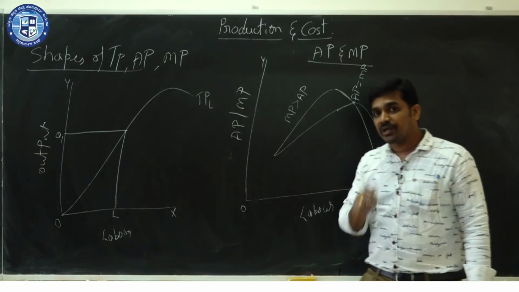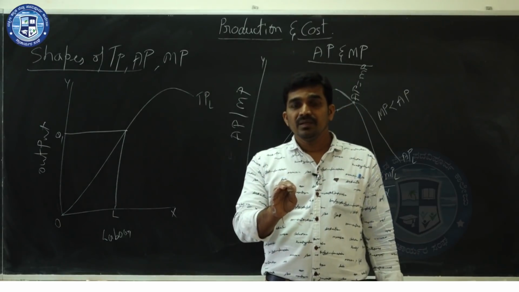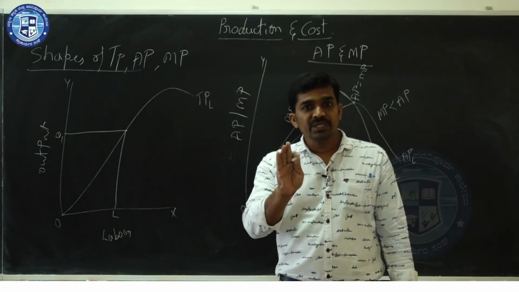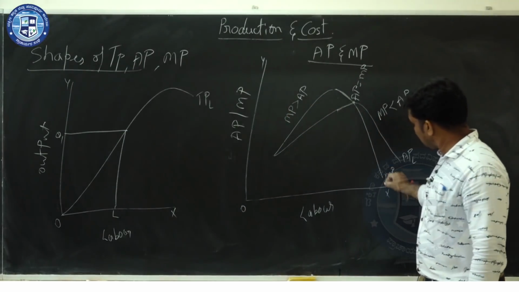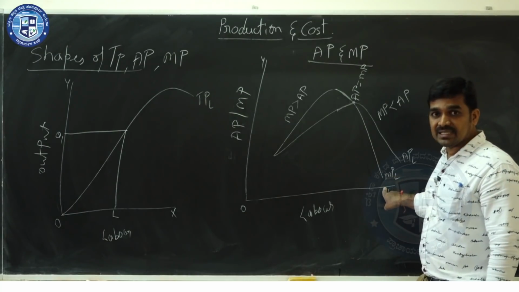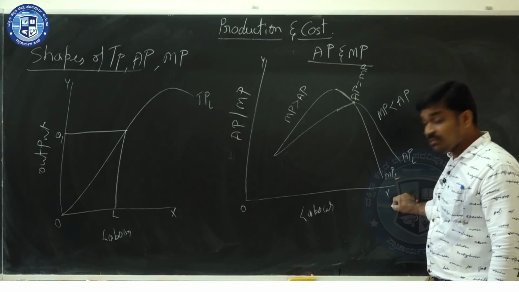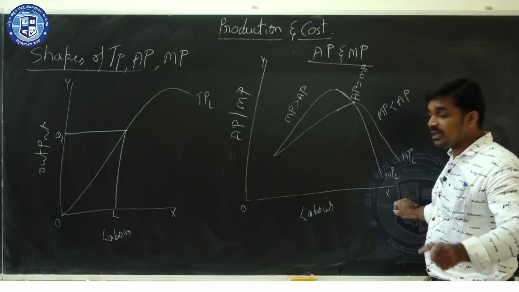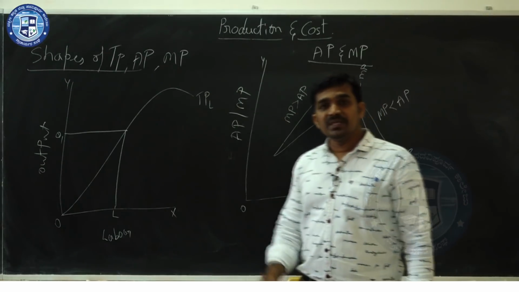And one important point is here, MP value is positive, 0 and negative. After it intersects the x-axis, if the MP curve cuts the x-axis, here the value of MP is 0. After that MP becomes negative. But AP is always positive.